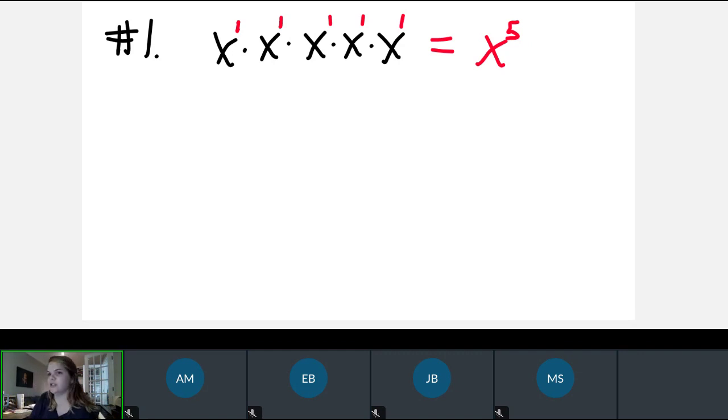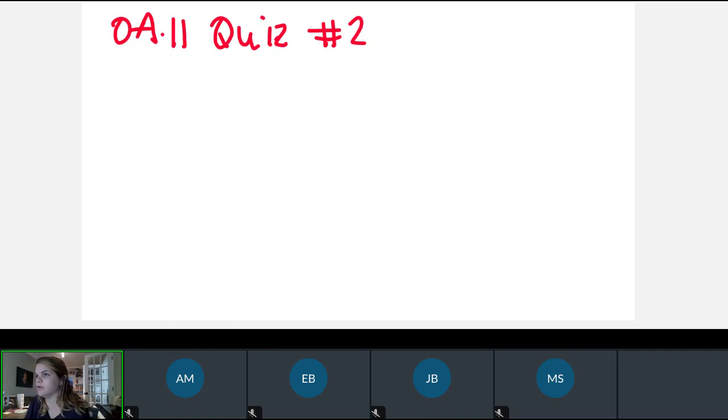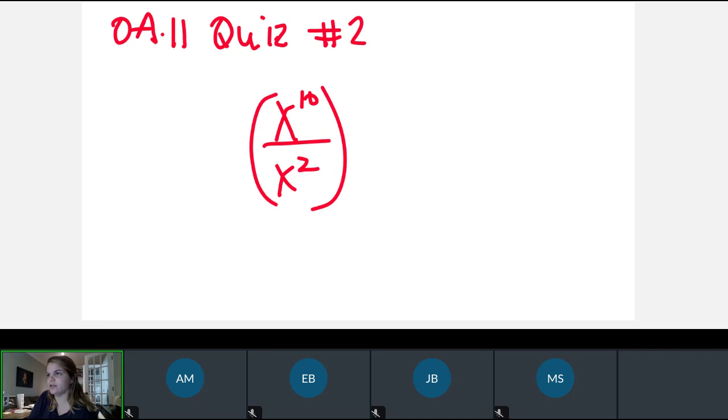Okay, so Jonathan's question is on the 8.11 quiz. Let's say you have X to the 10th divided by X squared, all of this raised to the 3rd. He's asking, does this exponent 3 apply to the bottom? And the answer is yes.